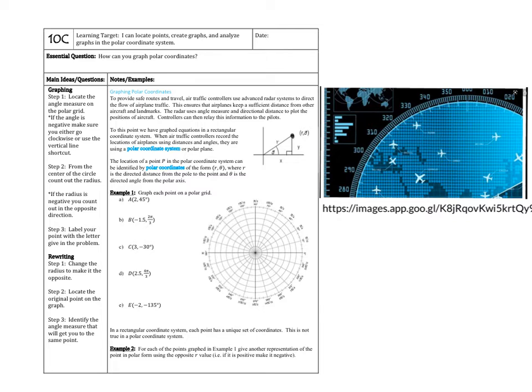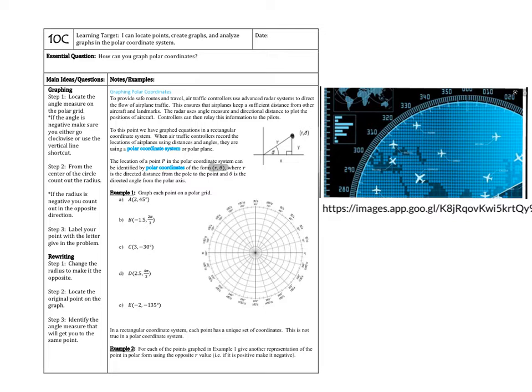Okay, so in our polar coordinate system, you're going to have your angle measure, and then you're going to have what's called a directed distance from the pole, or in our case, we're using the origin. So R represents the distance from the origin.